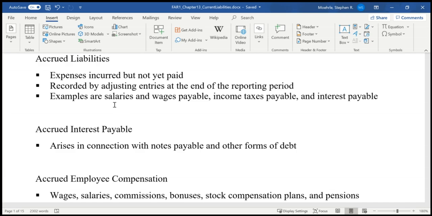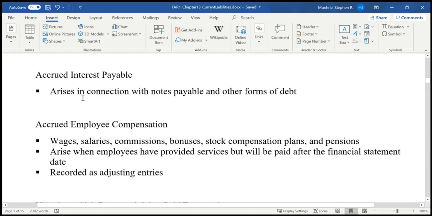We record an accrued liability via adjusting entries at the end of the reporting period. Common examples of accrued liabilities are accrued salaries, accrued wages payable, accrued income taxes payable, accrued interest payable. You'll see accruals of all of those upcoming.